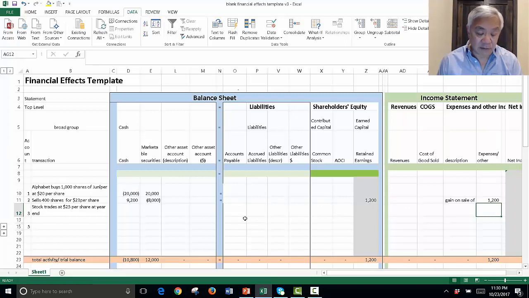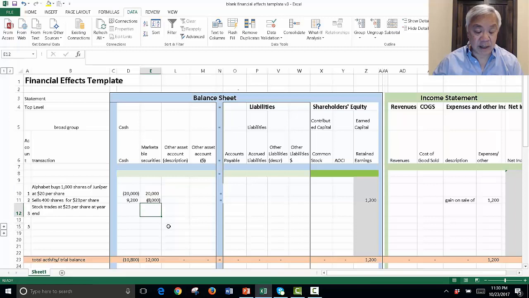And finally, at year end, the value of the stock was $25 per share. The holding value of the shares was the 20. Our original cost here is 20. We got rid of some, but the stock that remains is at $20 a share. We have 1,000 minus 400 or 600 shares, and those shares are now at $25 a share, and we gained $5.